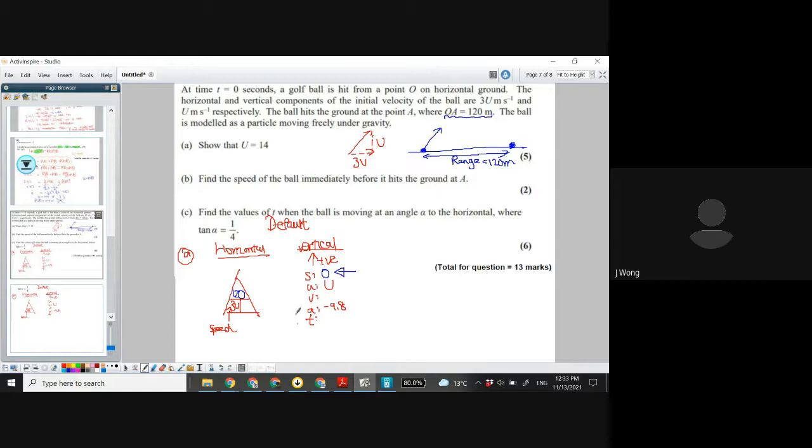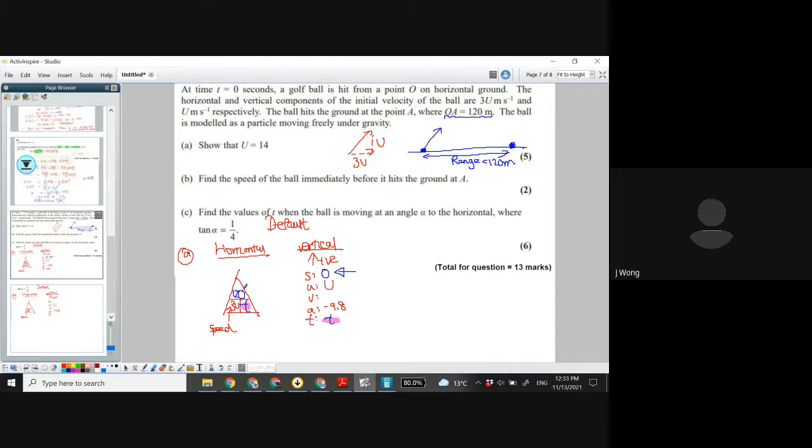From here, we could get something out of it. Bear in mind that the time taken to go from point O to A, both horizontally and vertically, has to be the same. That's why you could make use of these two facts to show that U is 14.